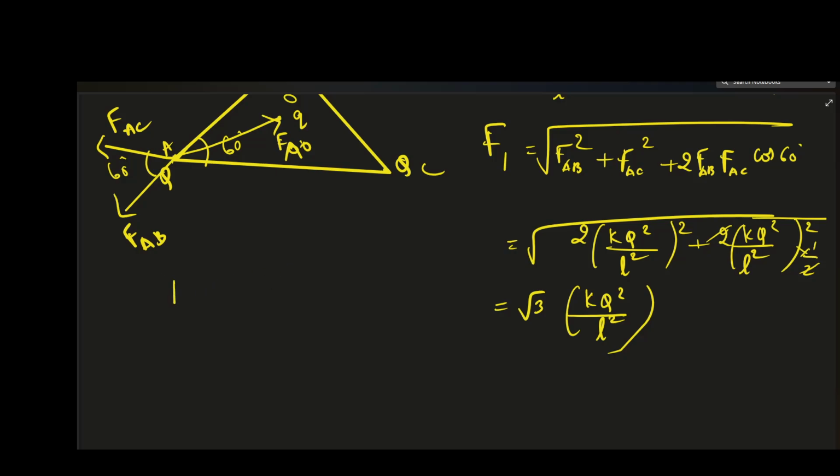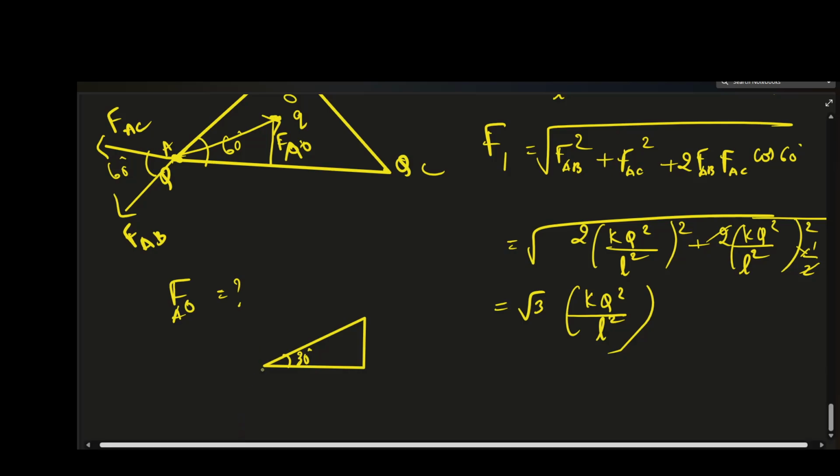Now I need to find the force FAO. For that I need to know the distance between point A and point O, right? So I will draw that along. This angle will be 30 degrees because the entire angle of the equilateral triangle is 60, and I'm connecting this point to the center, so this angle is supposed to be 30 degrees. I know the entire length of this side is L, so till this it's going to be L by 2.